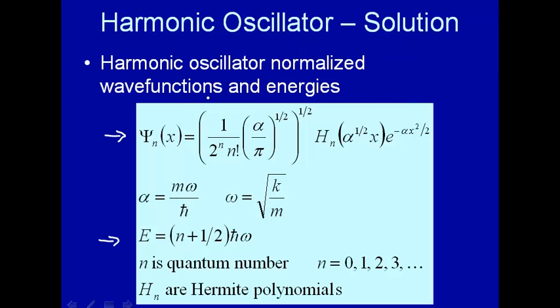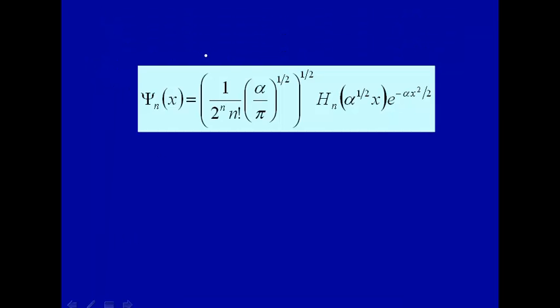So now let's look at this in more detail. These constants here are the normalization constants. They don't depend on x. This is the solution to the Schrodinger equation for the harmonic oscillator. This then is n, where n is a quantum number.